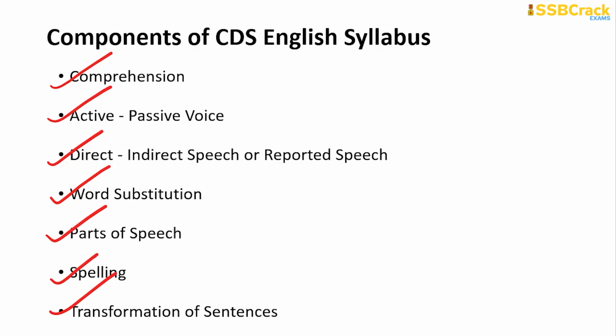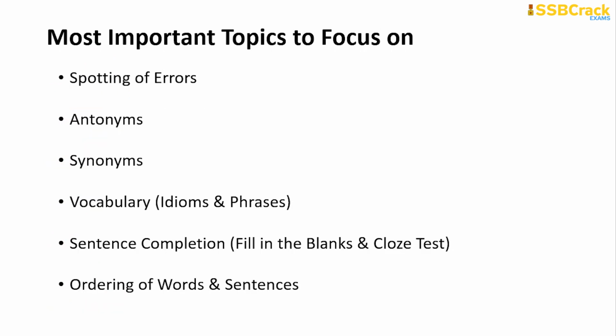Now this is a very long list of topics to cover for the CDS English paper. But because you have only approximately 2 months left, around 50 days, we are going to take the most important topics and focus our 50-day study plan on those only.